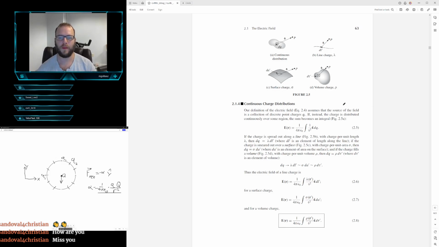So, we have some charge. If we had some charge spread out along a line, as in here, then the charge per unit length, this dq, is equal to the line density times the length.